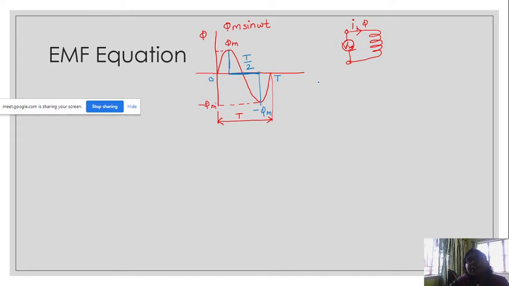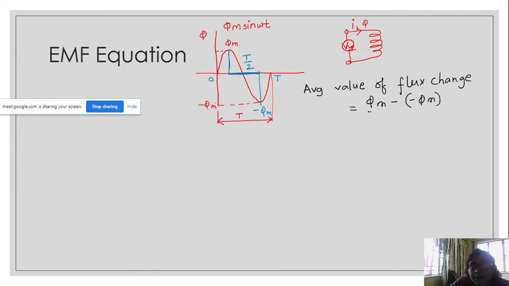So if I want to get the average value of flux change, it can be phi m to minus phi m divided by T by 2, right?